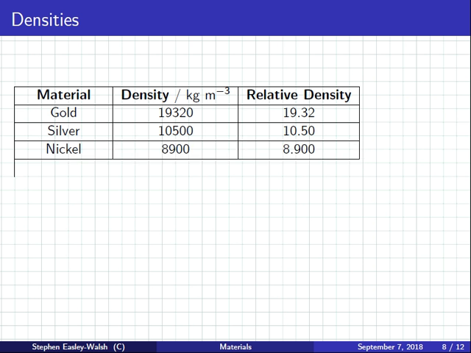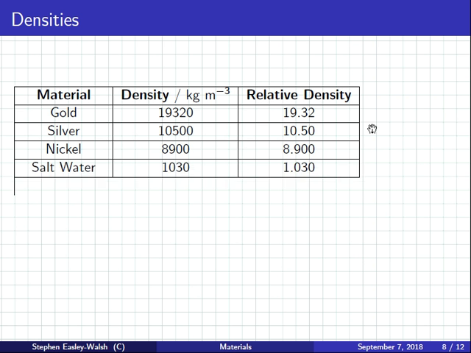Okay, next one is nickel. It's a kind of metal. 8,900. So you can see the metals are pretty dense.